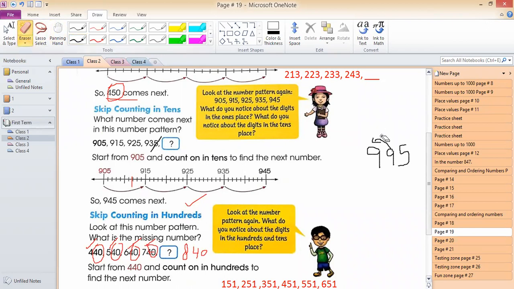Otherwise, you don't need to change the hundreds. From 1 to 9, you only have to change the tens place. You are counting by tens, so change only the number which is on the tens place. Okay, so this is 945, 955, 965, 975, 985, and so on. Is it clear, guys?